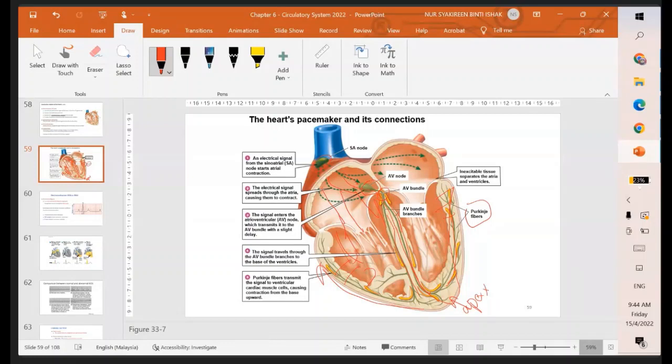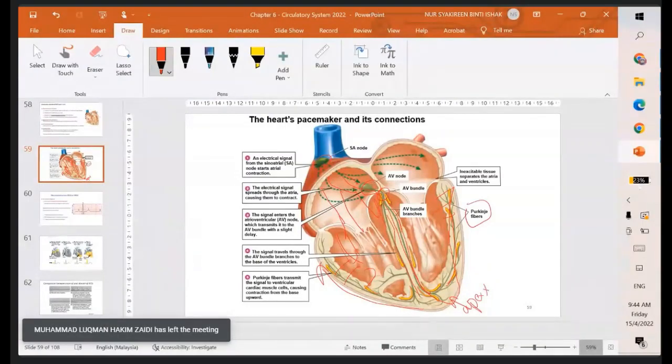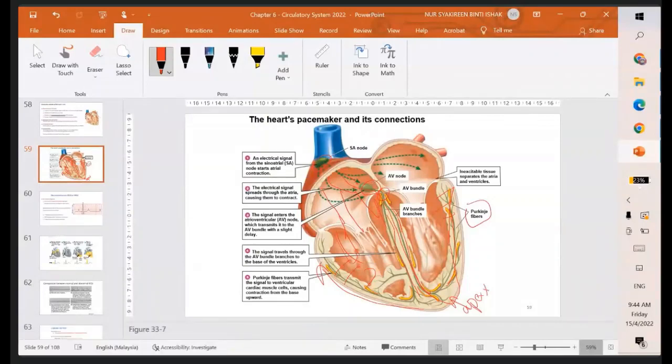Blood flow, madam. Blood flow ke mana? Ventricle kan? Chambers. Oh, imagine this is the chambers of the heart. Ventricle of the heart. Dia akan contract macam tu kan? Ke atas. Kenapa? Kenapa dia tak boleh? Macam mana?